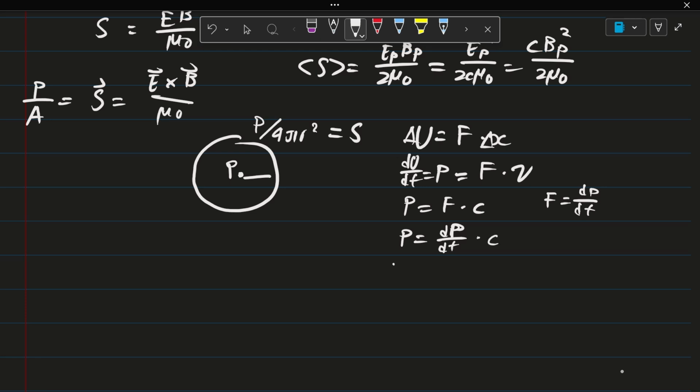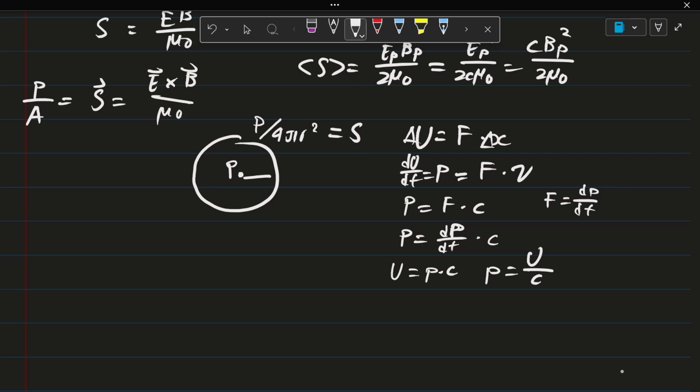So this will be the u again, which will equal p times c. So momentum is u over c, in which the p stands for momentum. This is a relation which you will normally deal with later when we're dealing with relativity.